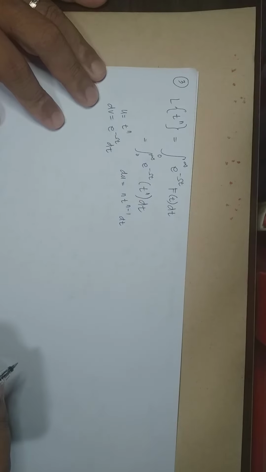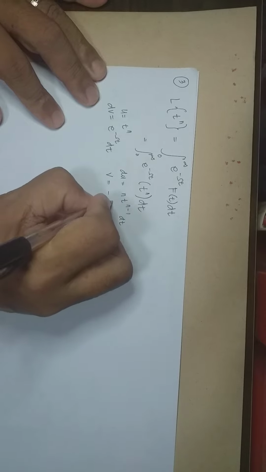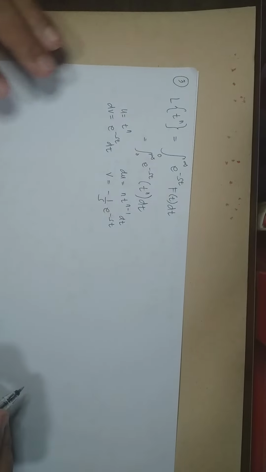dt. And your v is equal to negative 1 over s e to the negative st. Okay?